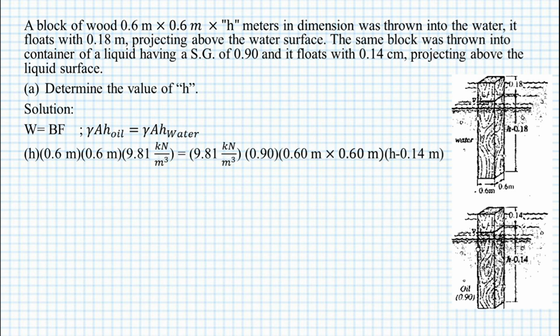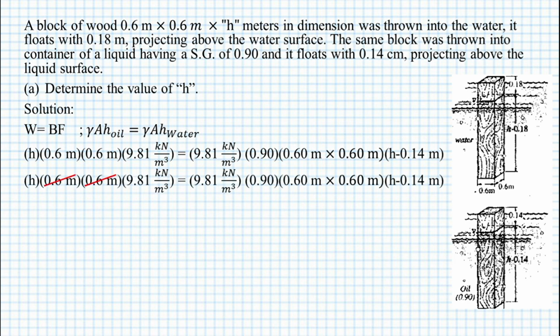We have h times 0.6 meter times 0.6 meter times 9.81 kilonewton per cubic meter equals 9.81 kilonewton per cubic meter times 0.90 times 0.60 meter times 0.60 meter times (h minus 0.14 meter). Cancel out the same units. We have h equals 0.90 times (h minus 0.14 meter).